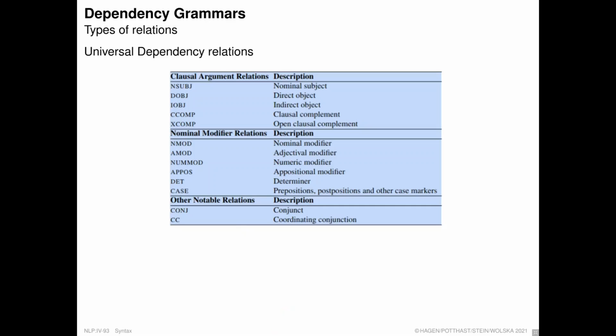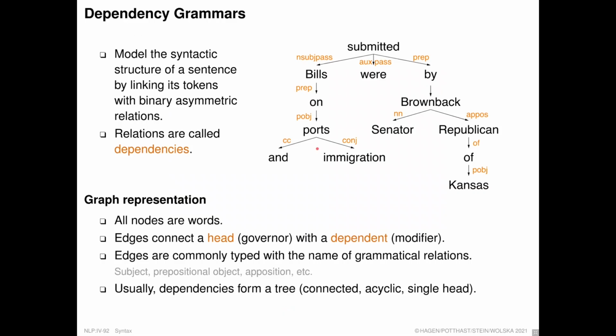What types of dependency relations are there? So you see here some examples of dependency relations. Some already look familiar from part of speech tagging. They even, in some cases, have the same acronym or label. However, in many cases, syntactic dependency relations have their own names.